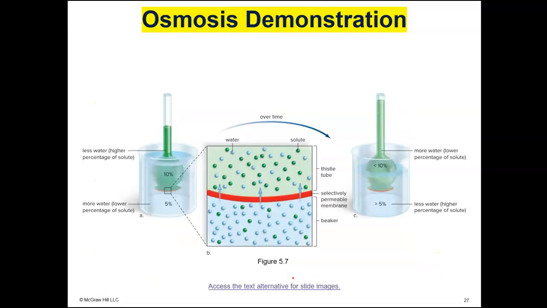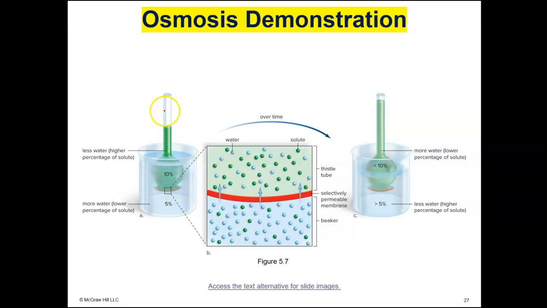So if you look at an example like this, what we have on slide 27 in figure 5.7 is something called a Thistle tube. And a Thistle tube is used to demonstrate osmosis.